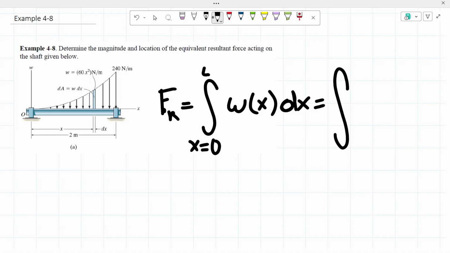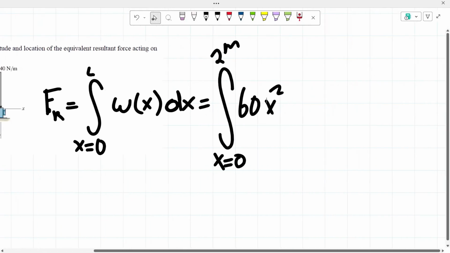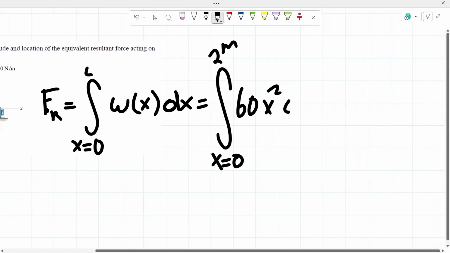Our x starts at 0 and goes all the way to 2 meters. This L is for the length, so how long is it? From there, our distributed load is given to us, so it's 60x squared times dx.